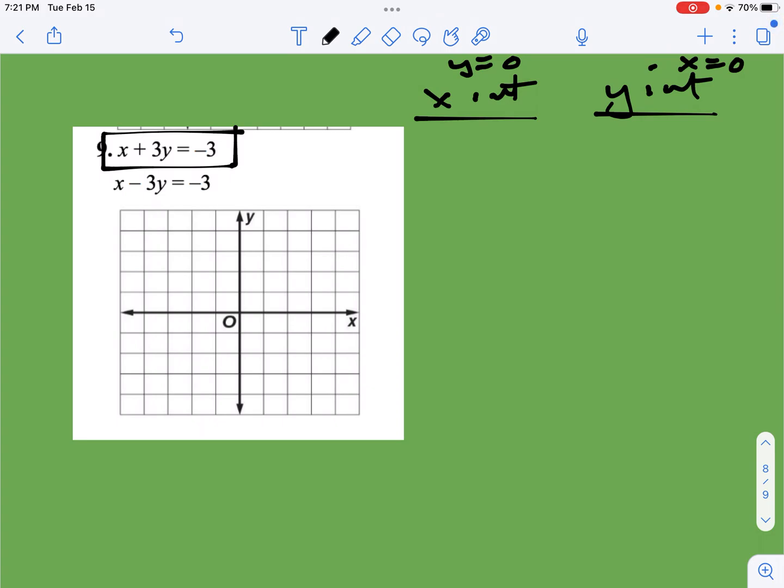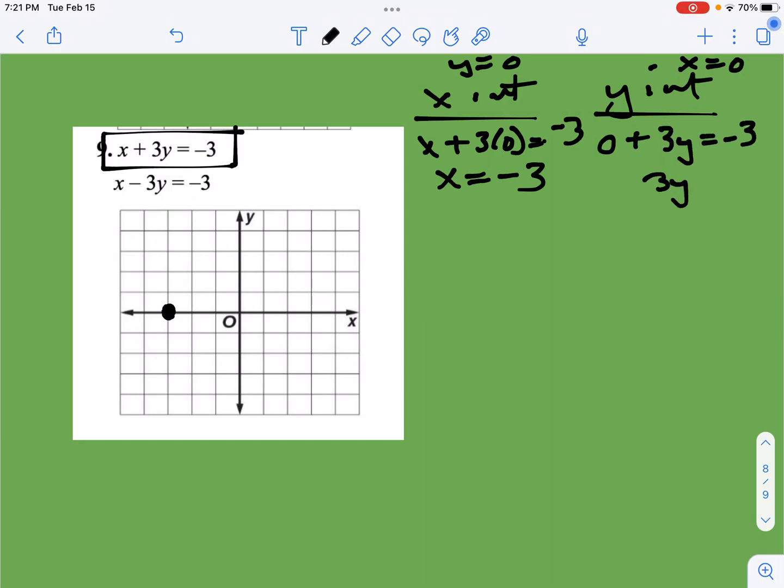So let's do my x-intercept first for this first one. So that would be x plus 3 times 0 equals negative 3, which means we have x is equal to negative 3. So I'm going to go over here to negative 3. I'm going to put a point, and we're in good shape. All right, my y-intercept, I'm going to make x equal to 0. So I'm going to have 0 plus 3y equals negative 3.